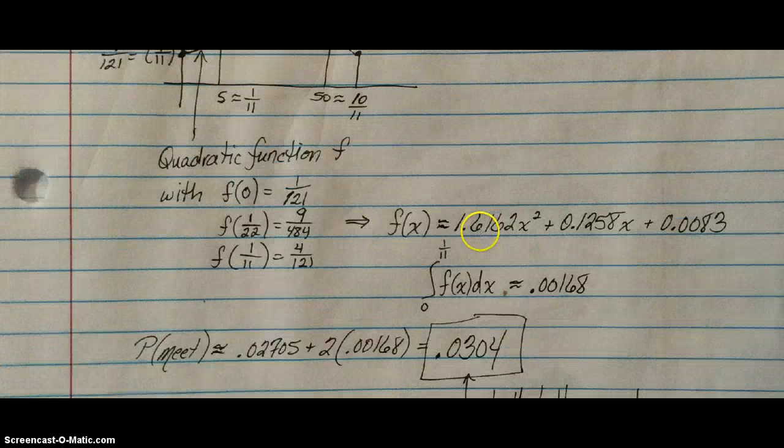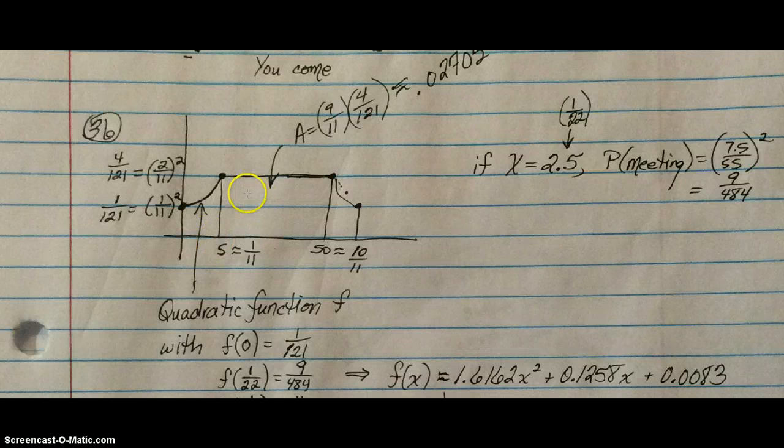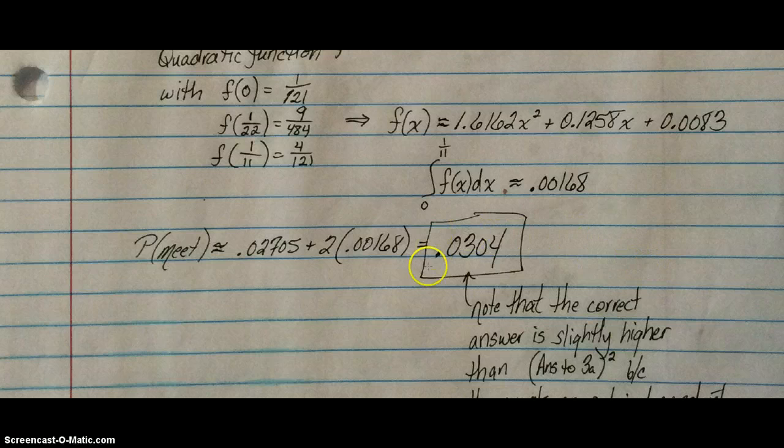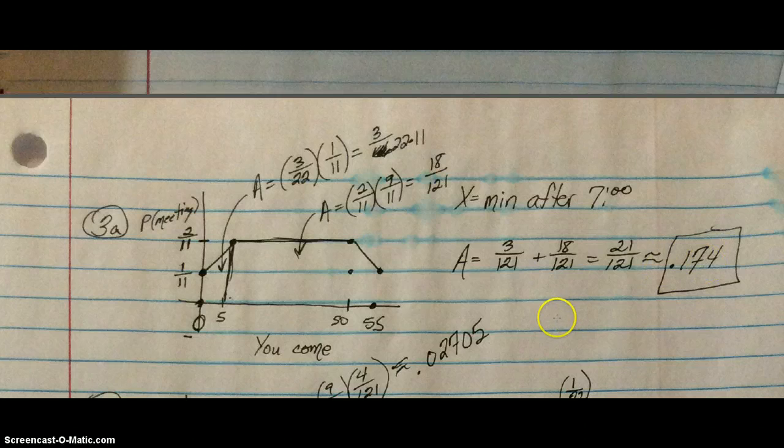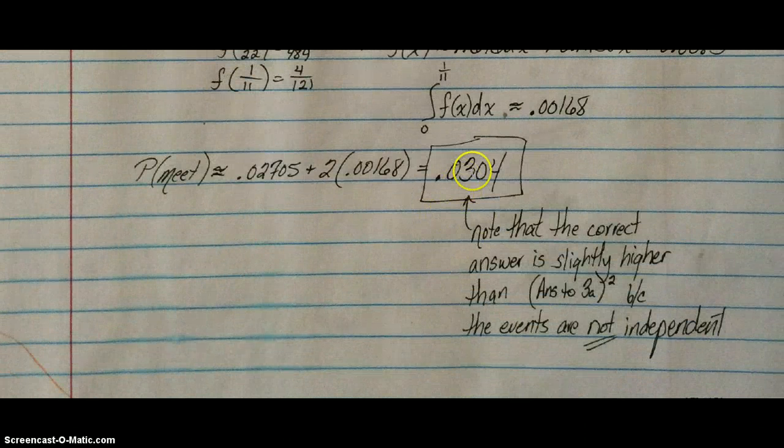Why? Because if we did meet our soulmate, we're slightly more likely to be in this area than in one of these areas. So in other words, it's slightly more likely that we came between 7:05 and 7:50 versus one of these little zones out here. Because of that, it raises the probability just a bit, not too much, over this number squared, which would be the probability of meeting both of them.